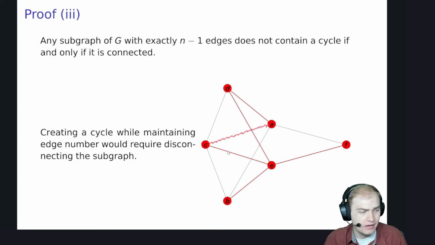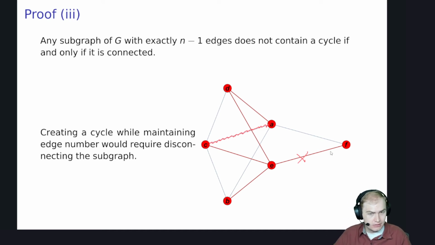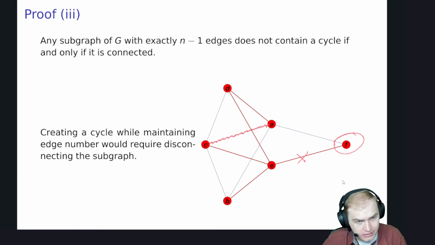Now we have n edges. If we want to maintain exactly n minus 1 edges, we have to remove an edge from the tree. Now we have a cycle, but f is disconnected. That's just a little demonstration of this principle.